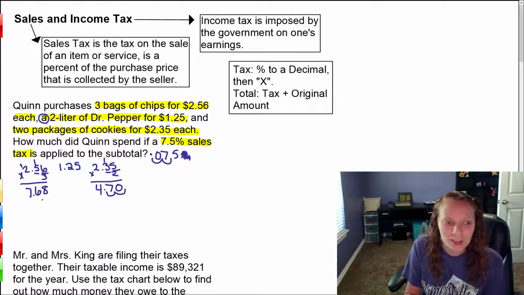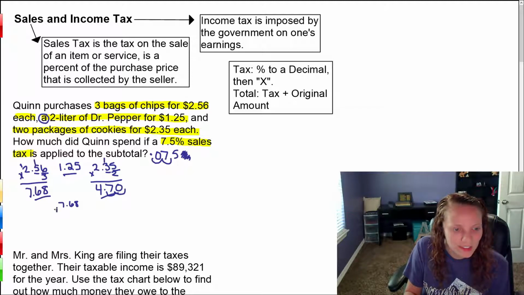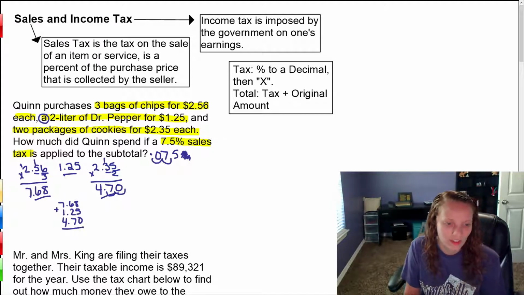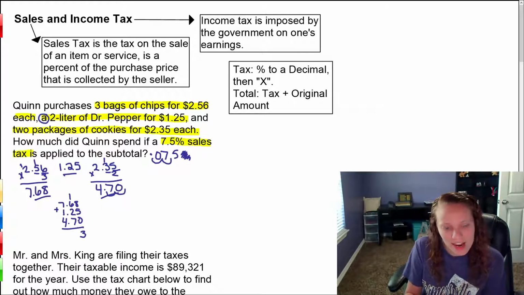Now, to find the subtotal, we're going to add each of these numbers up. So we're going to take $7.68 and add it with $1.25, and then $4.70. 8 plus 5 is 13. 7, 8, 9 plus 7 is 16.